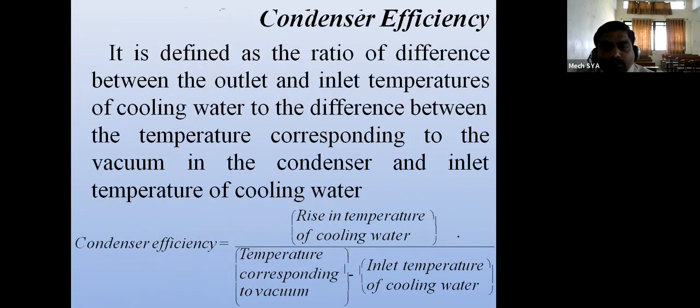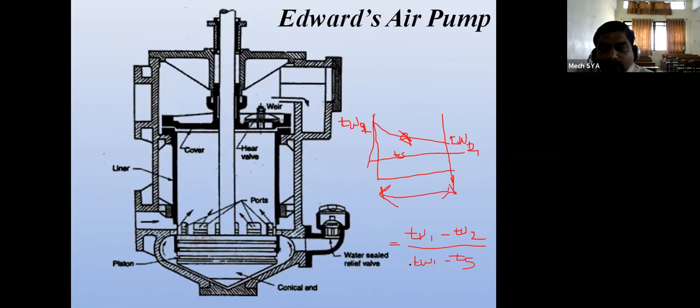So the rise in cooling water temperature divided by the temperature corresponding to vacuum, here TS, minus the inlet temperature. TS is the saturation temperature of cooling water corresponding to vacuum pressure, TS minus TW1. So the actual rise in cooling water temperature divided by the maximum possible, TS, the saturation temperature corresponding to the vacuum pressure.